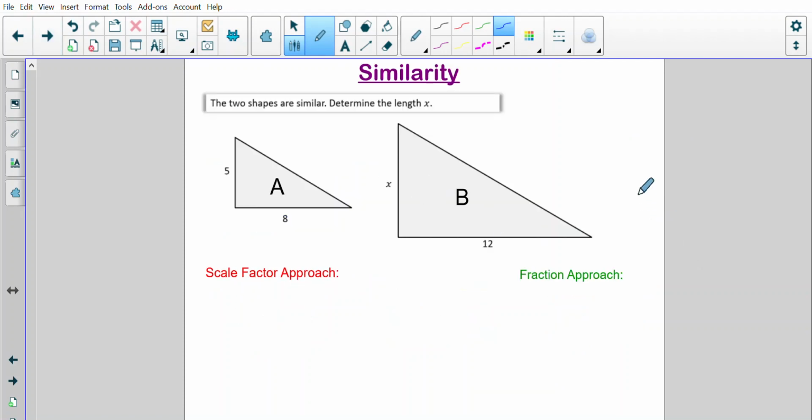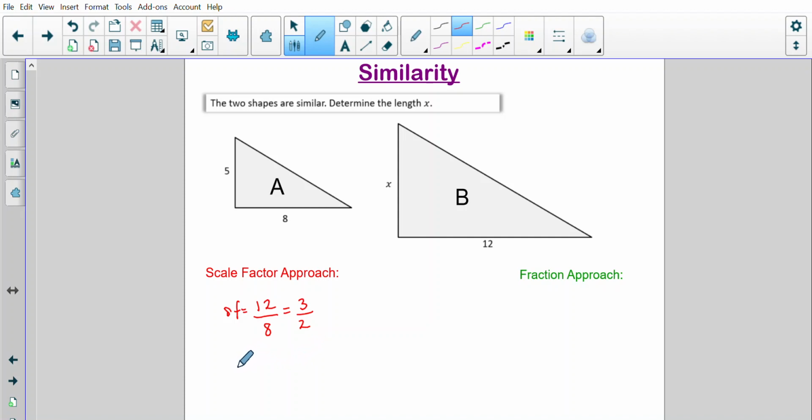Okay, let's have a look at an example using the scale factor approach first of all and the fraction approach second. So with this example here, with the scale factor approach, to work out the scale factor, we need to take the length in shape B, our new shape, which is 12, and divide it by the corresponding length in shape A, which is 8, and that gives us a scale factor of 3 over 2, or 1.5.